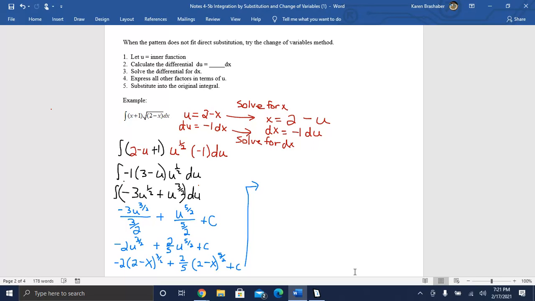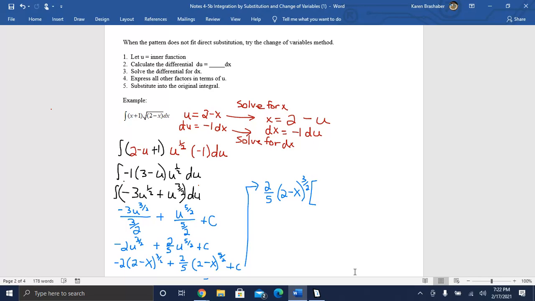And so I'm going to factor out 2/5, and then the 2 minus x to the 3/2 power. And then that will leave us with, now remember, factoring is nothing more than dividing.